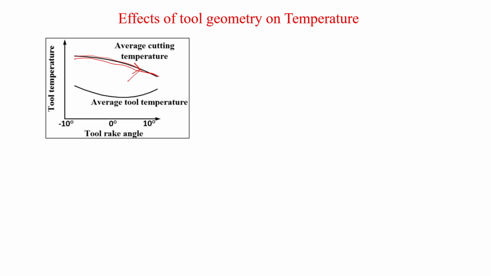Strength of the tool decreases, sir. Yeah, very good. Because what happens? See, this is a tool, right? And this is the rake angle alpha. This is the clearance angle, which is gamma, and this is the tool angle, which is psi.